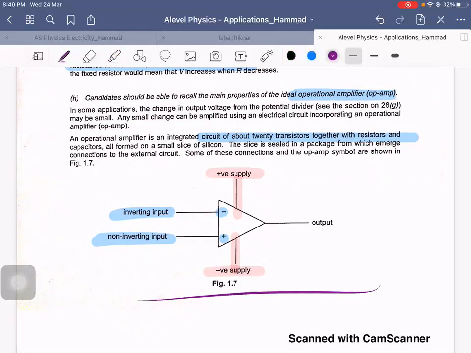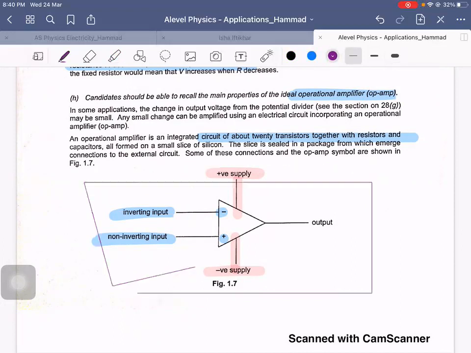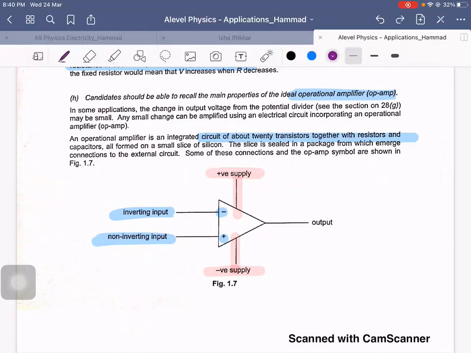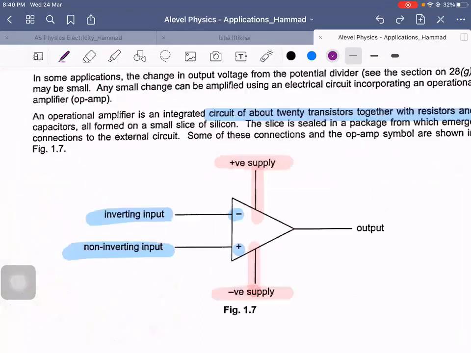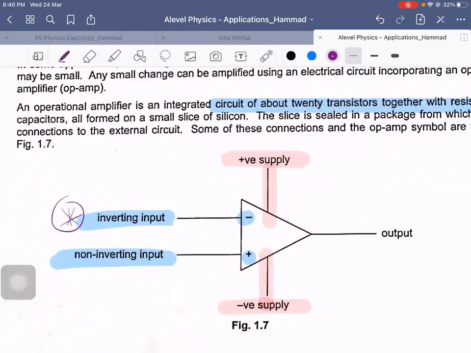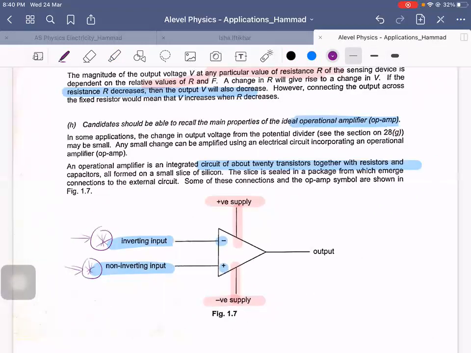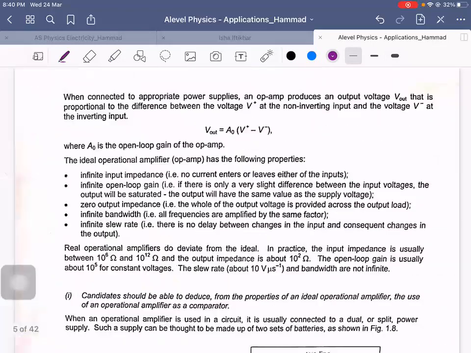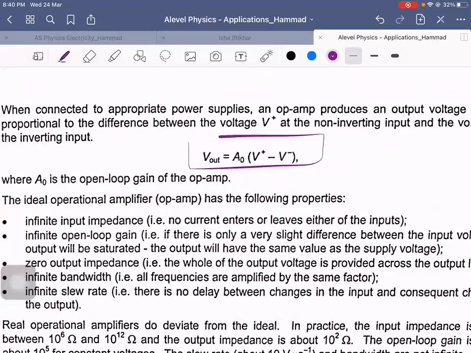This is a comparator circuit, meaning to say it will compare the voltage value coming at the inverting input and the non-inverting input. And on the basis of that, it's going to give an output value. For example, by the way, you have the formula of output voltage V out equals A naught times (V plus minus V minus).